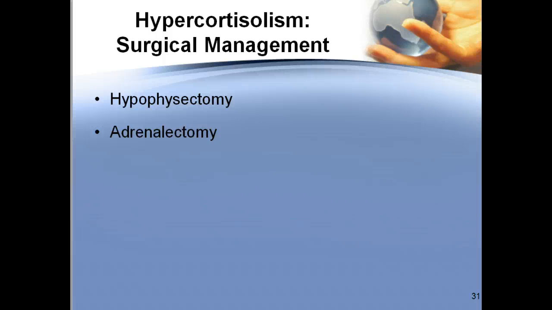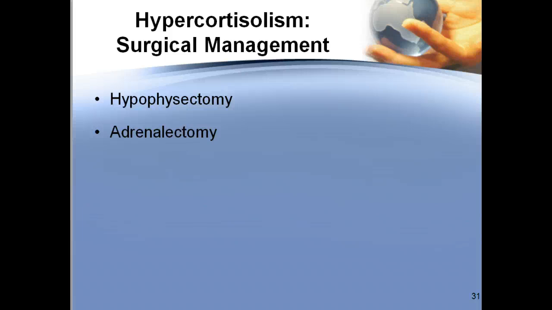The main thing to do surgically for these patients is a hypophysectomy, and we already talked about the things that you do post-op for that. An adrenalectomy may be needed, so it just depends on the individual patient.